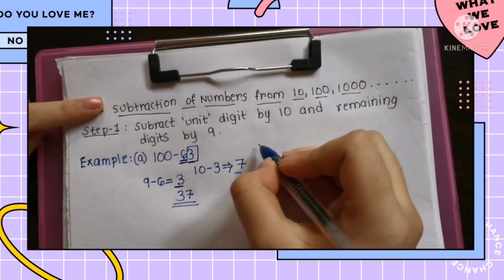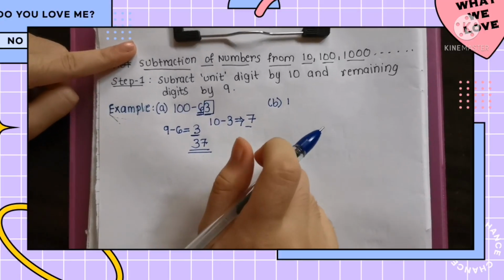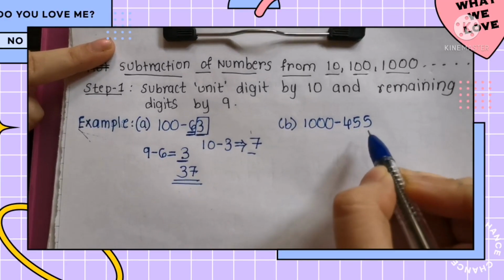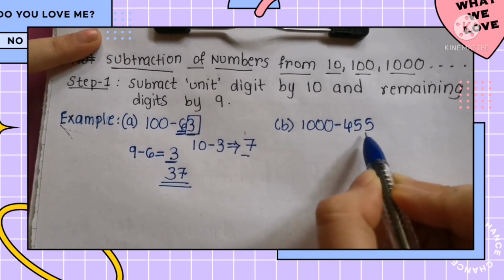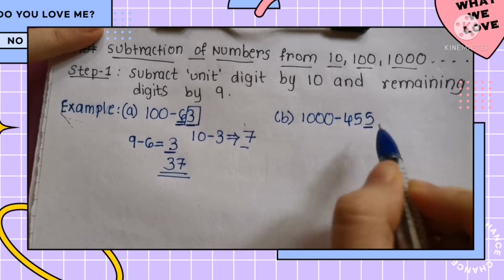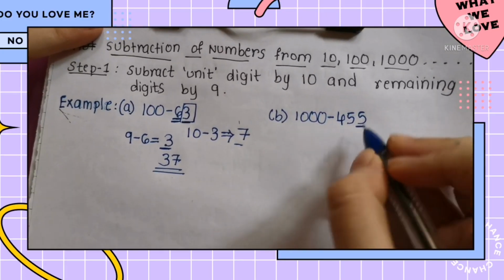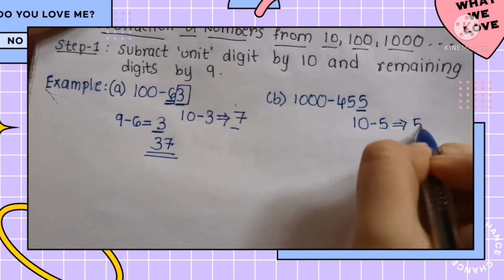Let us take another example. Let's subtract 455 from 1000. Our first step is subtracting the units digit of the number from 10. So it's 10 minus 5, which is 5.